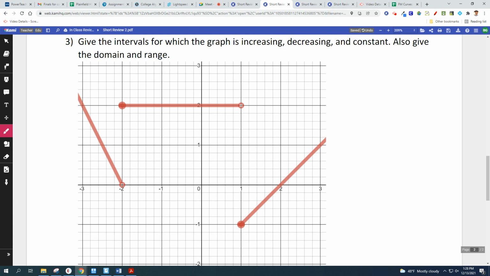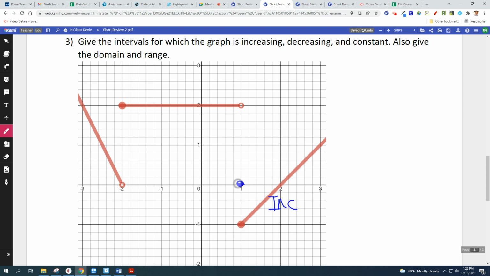Give the intervals for which the graph is increasing, decreasing, and constant. Also give the domain and range. So I feel like this problem should be easy. However, I know a lot of students miss this. This piece right here is definitely increasing. And so when they want the interval, they're just talking about the domain for that piece, not for the whole graph, but for just that piece.